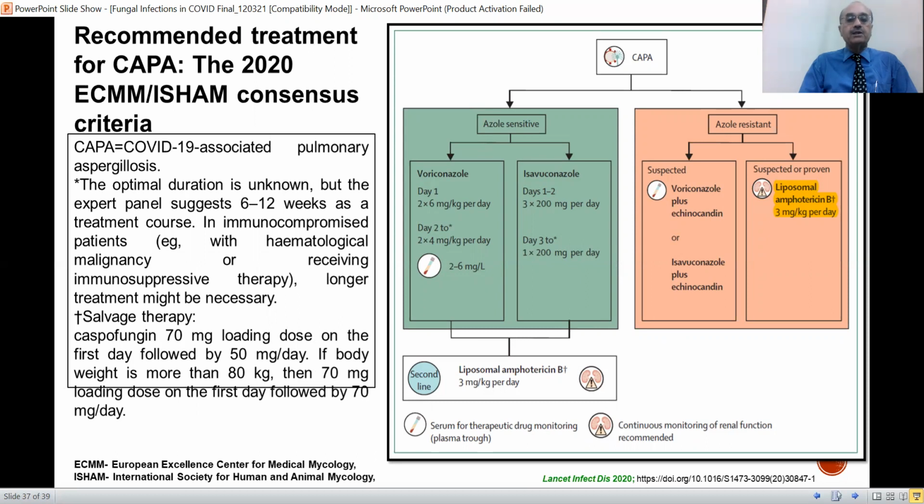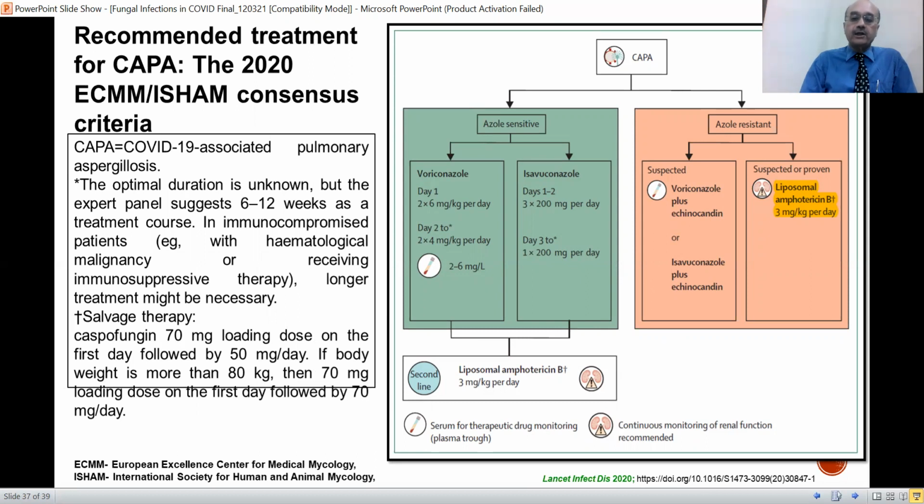The optimal duration of voriconazole is not known, but probably 6 to 12 weeks should be enough. But if the patient is immunocompromised for some reason, then longer treatment, longer than 12 weeks, might be necessary.